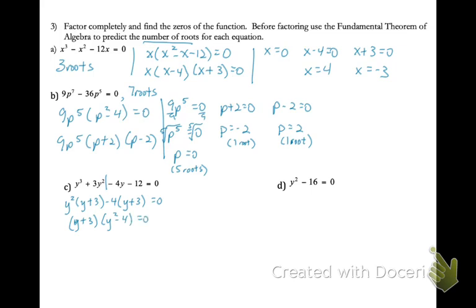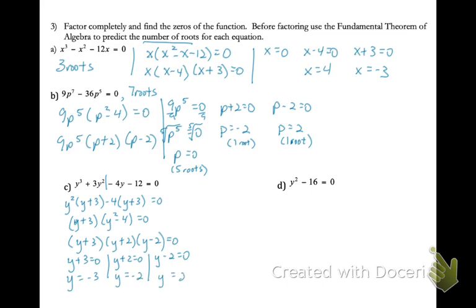I can keep factoring my second expression. It's a difference of squares. I just keep doing that until I'm all done. Now let's set each of those equal to 0 and find out what our 3 roots are. So we'll have negative 3, negative 2, and positive 2.